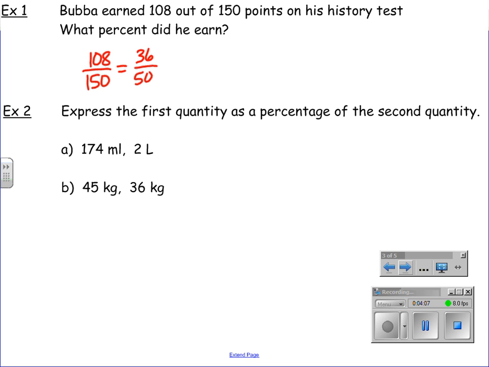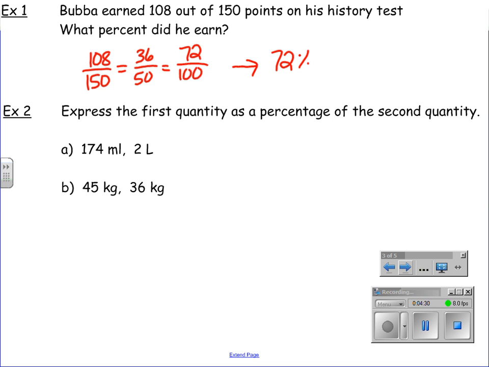And you multiply that too, Mason, and you got 72 out of 100, which means Bubba earned 72%. All right, so that's a friendly one.